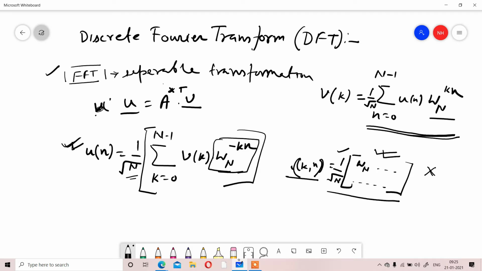If you calculate it from v k to u n, you will get 1 by root n. That is why I am writing 1 by root n here.